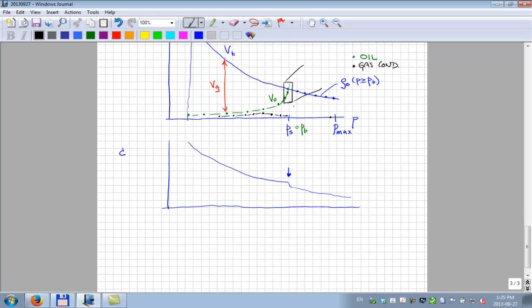But basically you start seeing condensate here the first time. You reach a maximum in the amount of oil that you see, and then it starts decreasing again. So that's your first observation of a liquid.